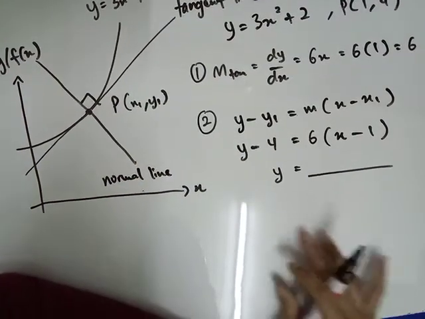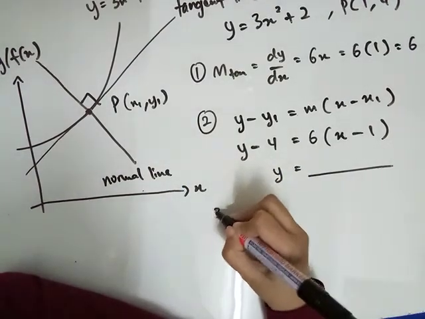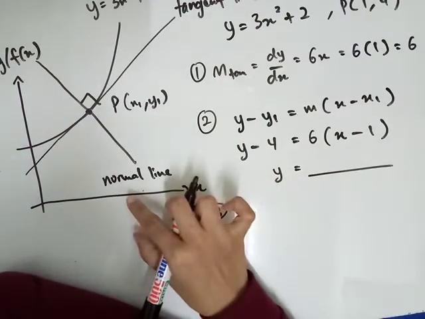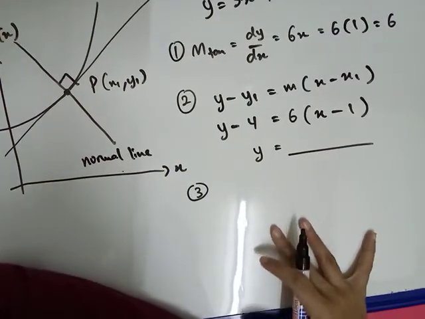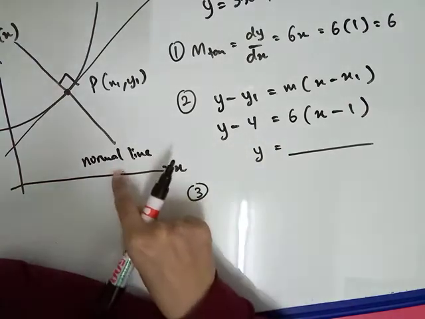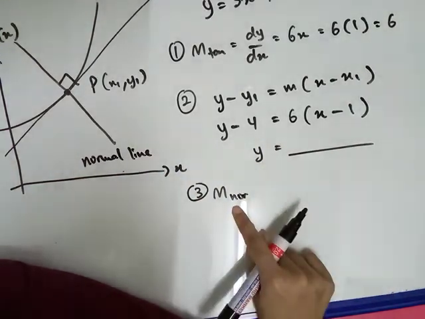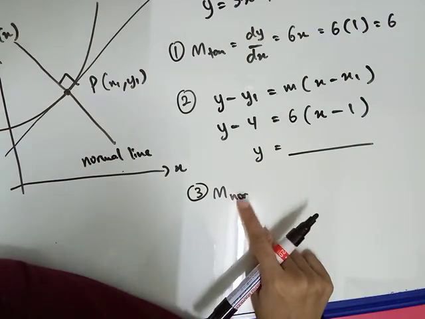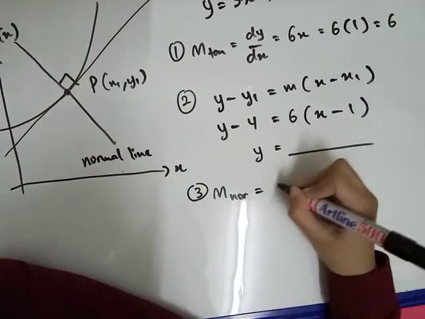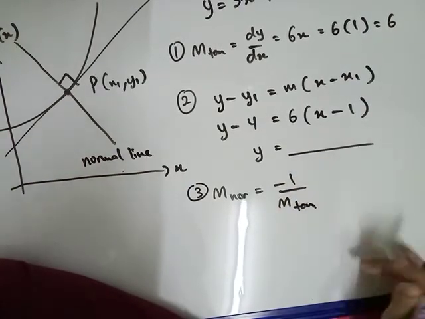So, how to find the equation for the normal line? Let's say this is the third step. Third step, we need to find the equation of the normal line. So we need to find the gradient for the normal line, m normal. I use short form, norm, that means gradient for the normal line. It is equal to negative 1 over m tangent.